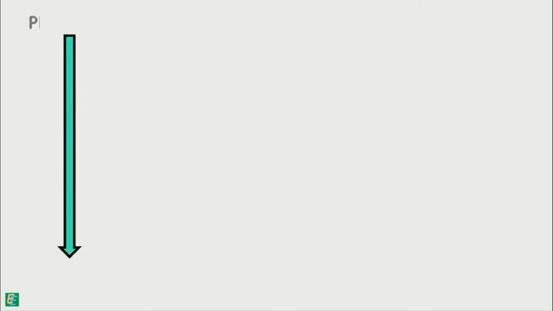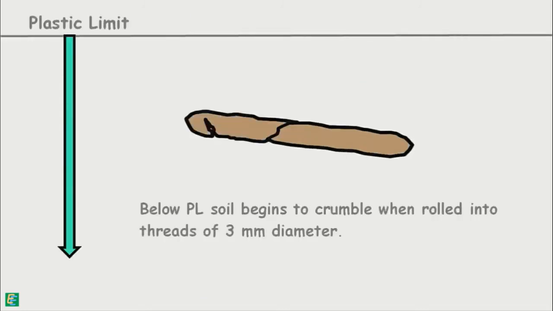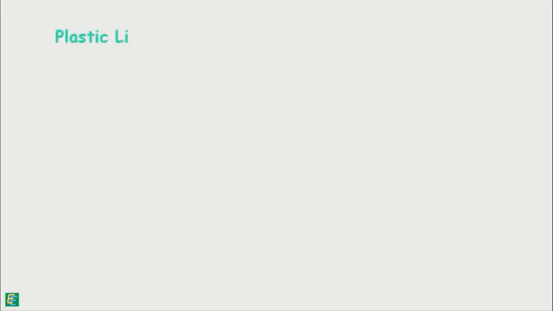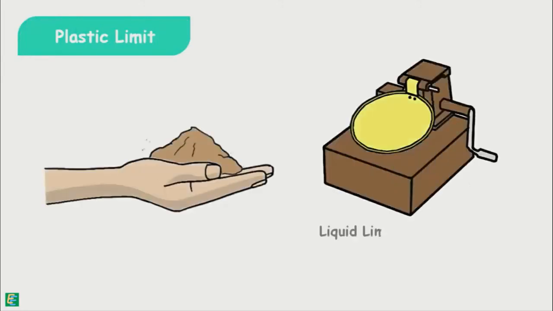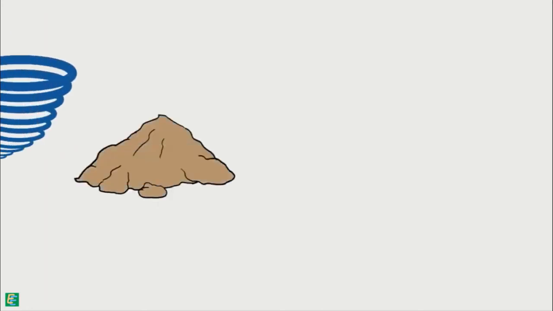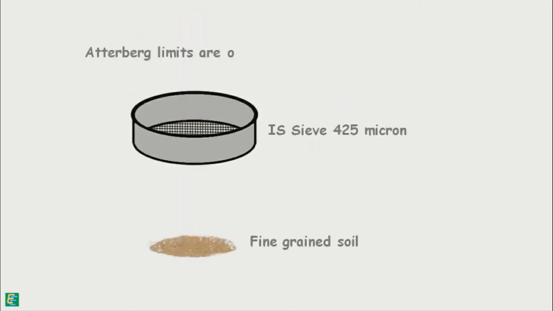Below the plastic limit, soil begins to crumble when rolled into threads of 3 mm diameter. We can determine the plastic limit using the soil sample prepared for the liquid limit test. For the determination of plastic limit, the soil is air dried and sieved through a 425 micron IS sieve to get fine grained soils only, because we know Atterberg limits are only significant for fine grained soils.